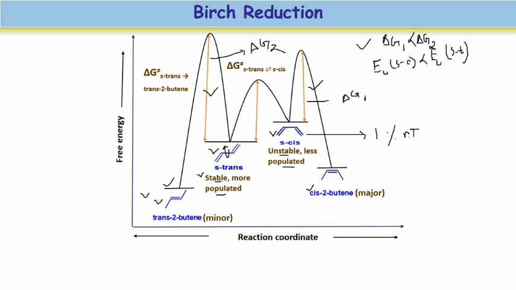As soon as the S-cis conformation is consumed in this reaction to form cis-2-butene, the concentration of the S-cis conformation will be lower, and then the S-trans conformation will be interconverted to S-cis conformation, and then again this S-cis conformation will be converted into cis-2-butene as a product. This process continues several times. As a result, we get cis-2-butene as a major product and trans-2-butene as a minor product.